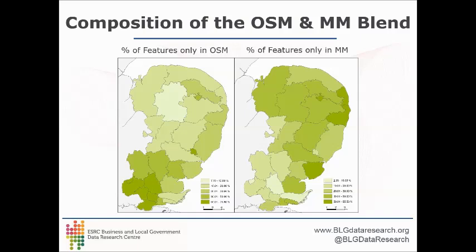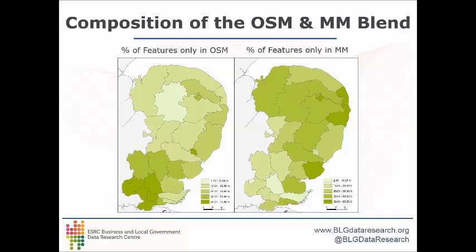And if you look at the maps and the percentage values, you can see particularly that, for example, the distribution of features only in OpenStreetMap tends to be higher in some of the urban areas like Norwich, Ipswich, and particularly in some parts of southern Essex, again some of the more built-up authorities closer to London. And not surprisingly, the contribution from the MasterMap database alone has a slightly different sort of distribution.